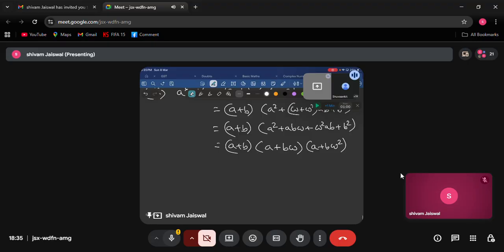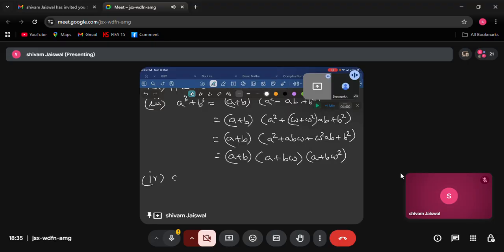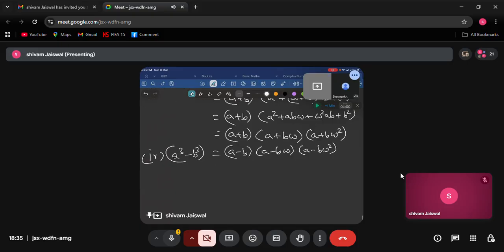Next. Similarly, part 4, a cube minus b cube. You can write it as a minus b into a minus b omega into a minus b omega square. Okay. And lastly, similarly, a cube plus b cube plus c cube minus 3abc. If you need the proof, let me know.